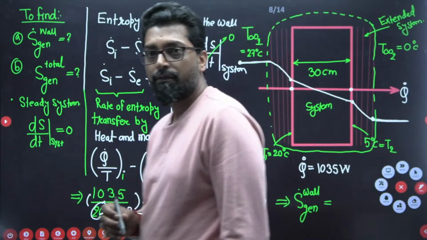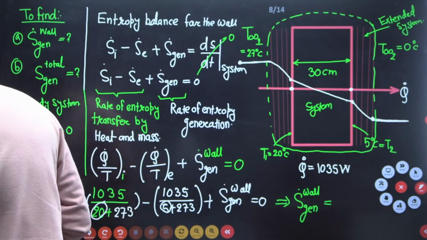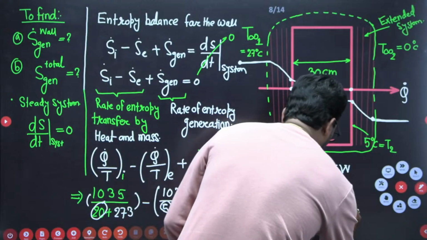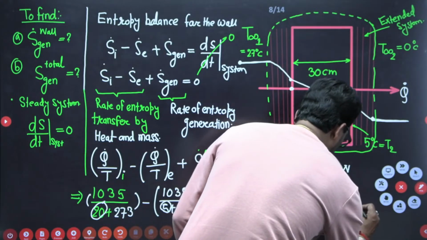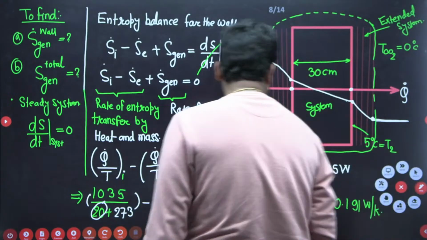What is the value here? Vivek, what is the value here, beta? Just tell me. The value is 0.191 watt per Kelvin. So this is the entropy generation of the wall.